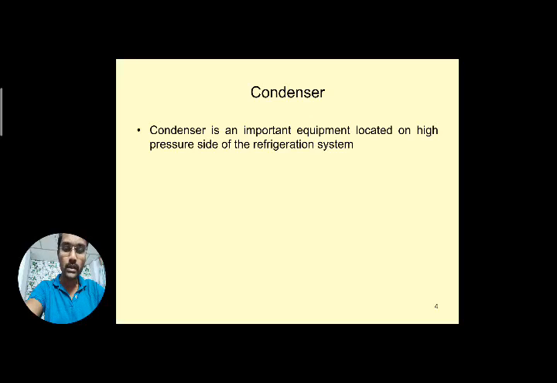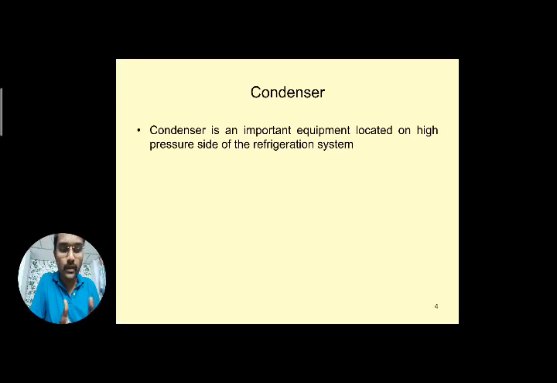Before that, let us recall where it is situated. For example, in a vapor compression refrigeration system, the VCR system we have already seen, where is the condenser placed? It is placed just after the compressor: the delivery line from the compressor is connected to the condenser, before the expansion valve.